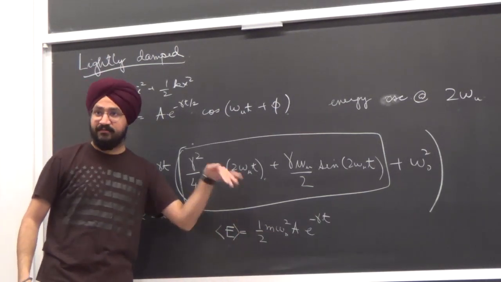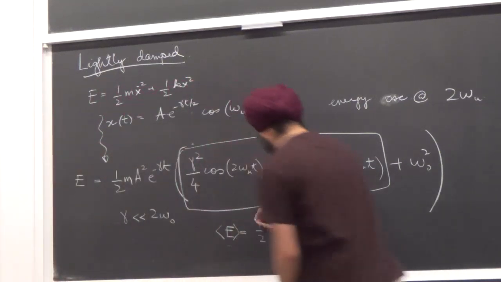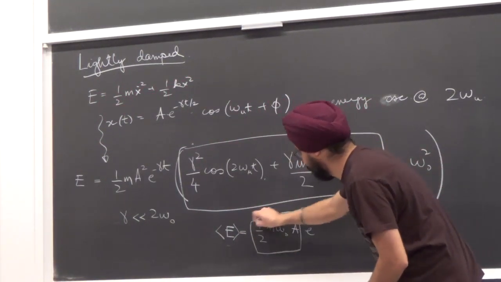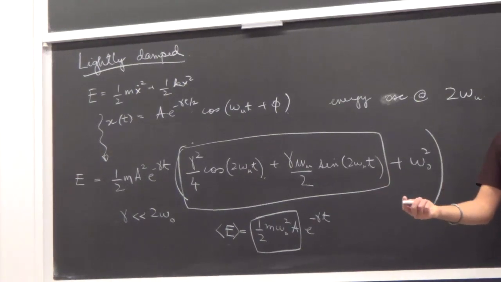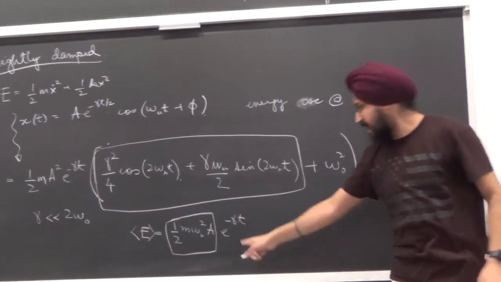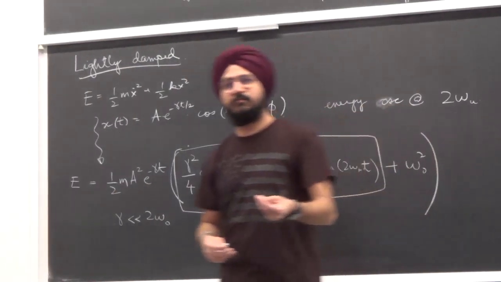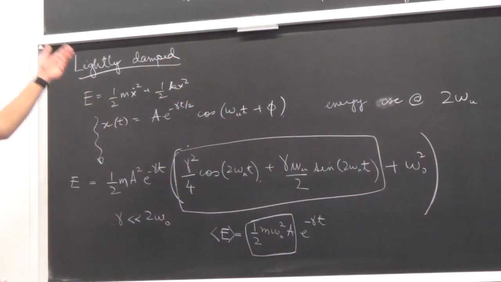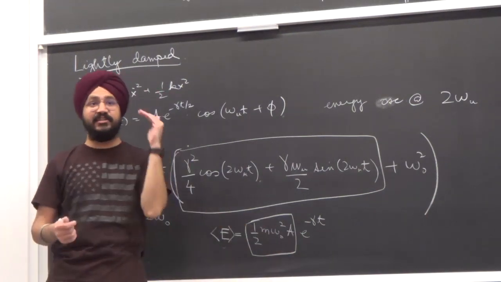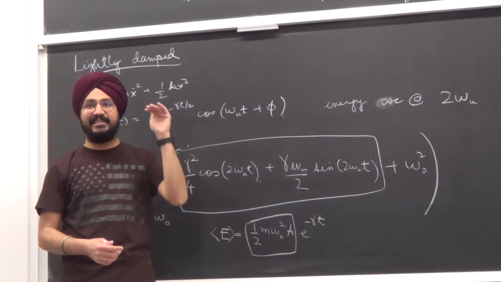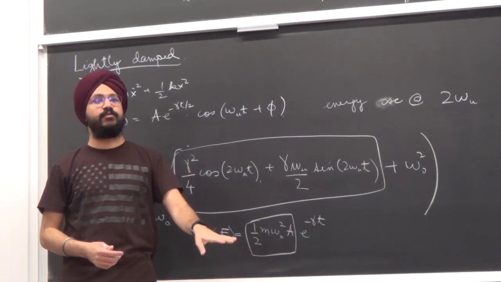Energy is falling with time. And this piece here is what the energy would have been had there been no damping, which would have been constant, and it's now dropping with time. So this gives you an interpretation for gamma. Of course, gamma is in the equations, but this tells you that 1 over gamma is the rate at which the energy falls down.